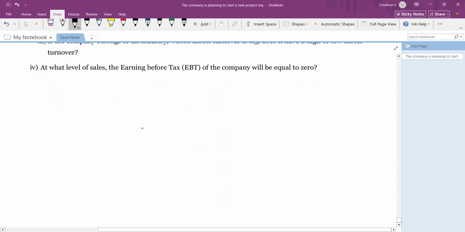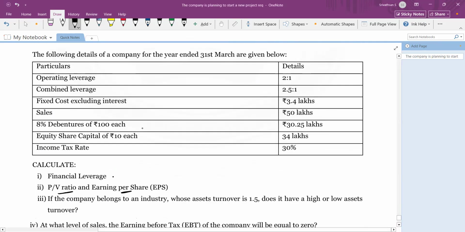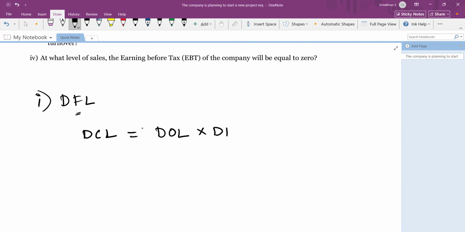So let's solve the first requirement, DFL, degree of financial leverage. In this question, the operating leverage is directly given, combined leverage is directly given. We know that degree of combined leverage is equal to degree of operating leverage into degree of financial leverage, right? Combined leverage is 2.5 times given in the question.